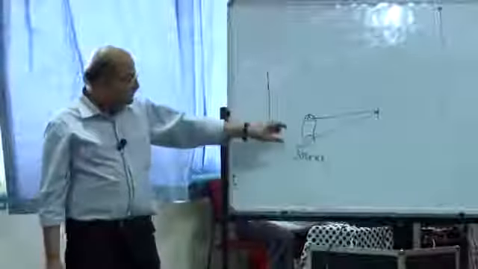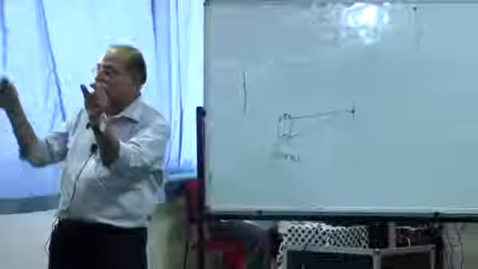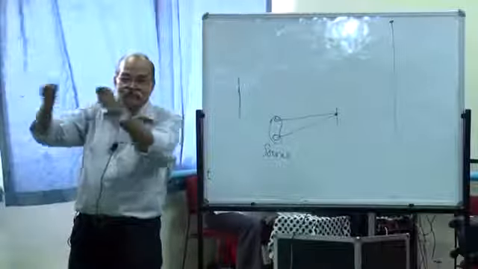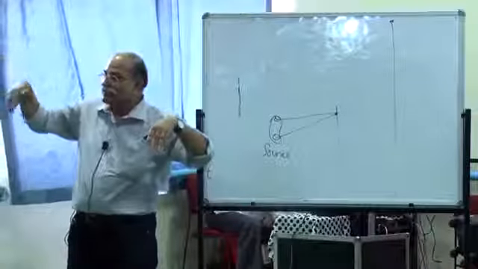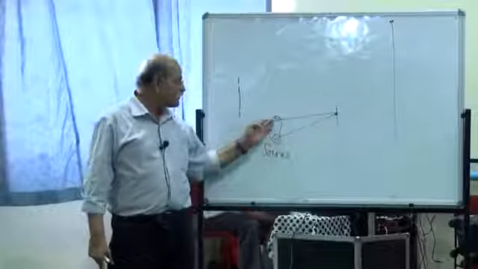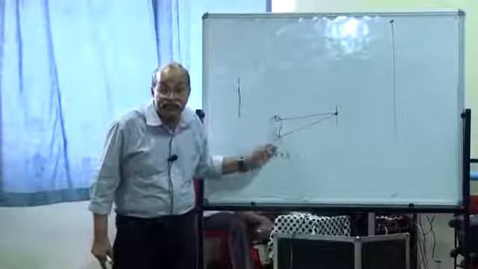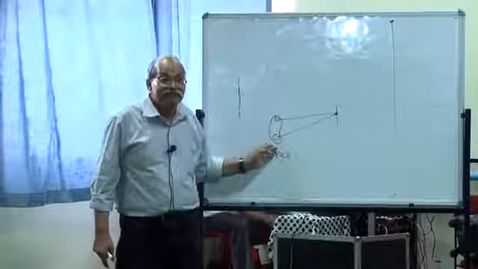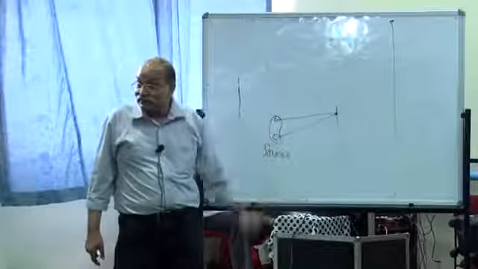And maybe if I have a filament bulb, and this portion of the filament and that portion of the filament, they are not talking to each other. It's independently heated, it is independently radiating. So what is the phase here? Something is coming from here, something is coming from there, and these do not have any phase relationship. So now it's not coherent.